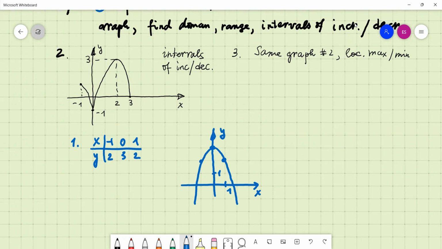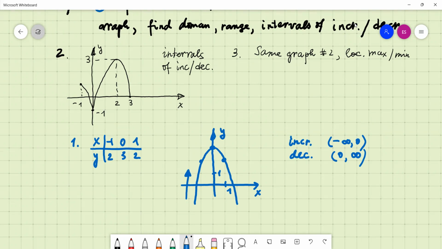Here the question was to find the intervals of increase and decrease. Well, obviously we see that we go up over here, right? So increase is going to happen from negative infinity to 0. And then after 0, we go down, decrease from 0 to positive infinity. That's basically all I'm asking in this question.